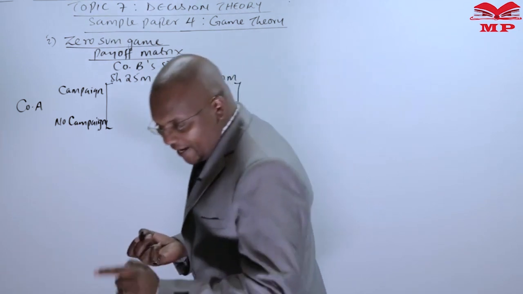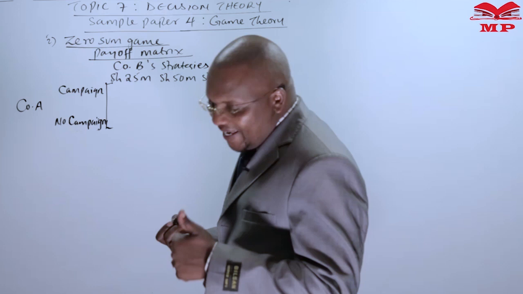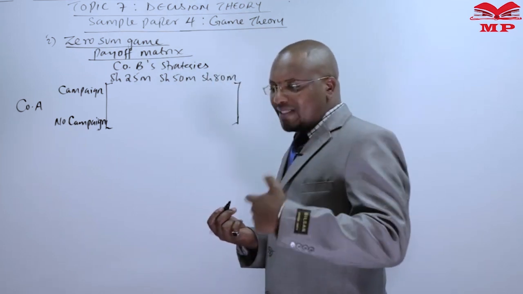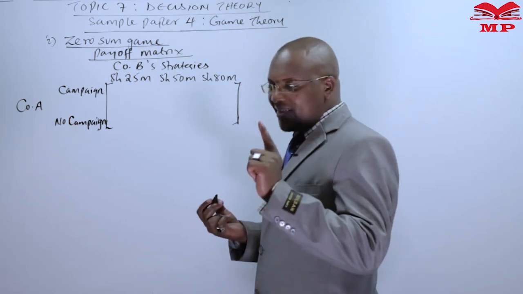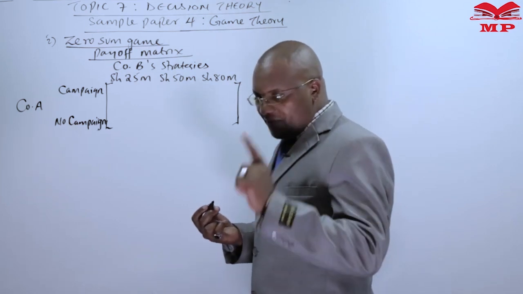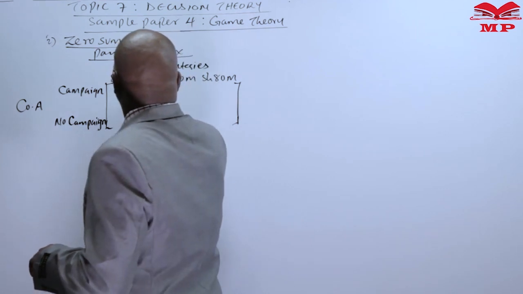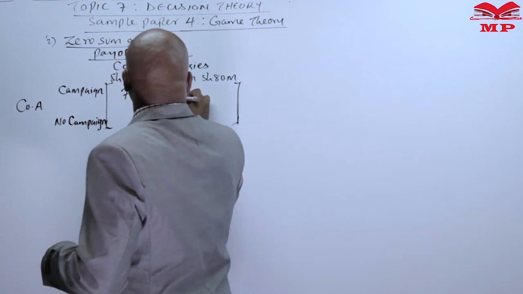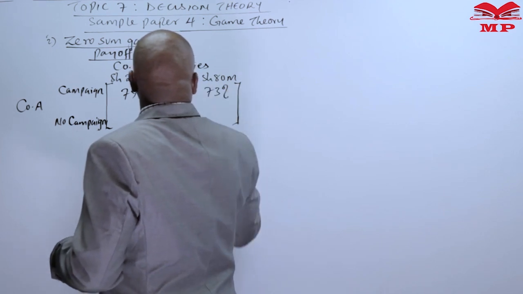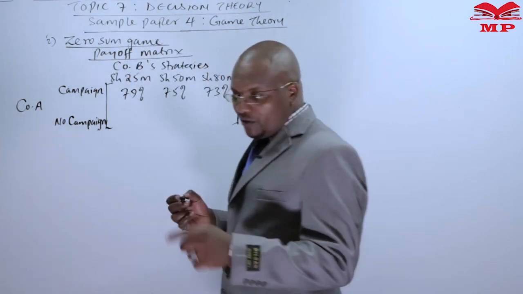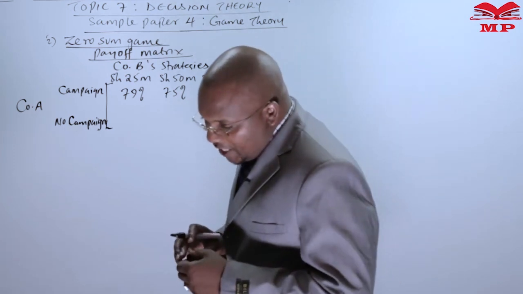We have been told in the paragraph that if company A runs a vigorous annual marketing campaign, its share of the market after 1 year will be either 79%, 75% or 73%.